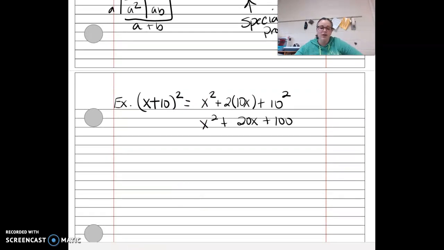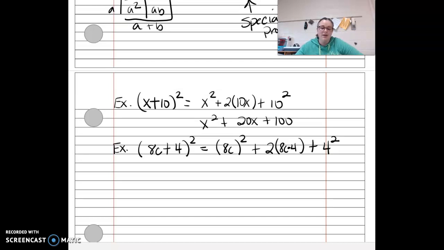It also works for when you take the square of a sum and you've got multiple x's in the beginning. So maybe I have 8c plus 4 and I want to square it. I'm going to take my first term and square it, so 8c squared, plus I need 2 of my 8c times 4, and then I need to square my last term, 4 squared.